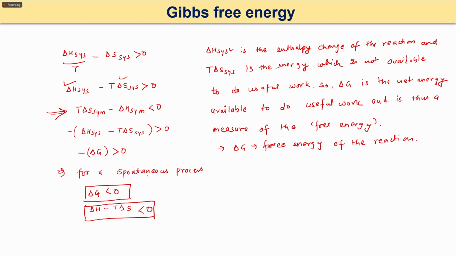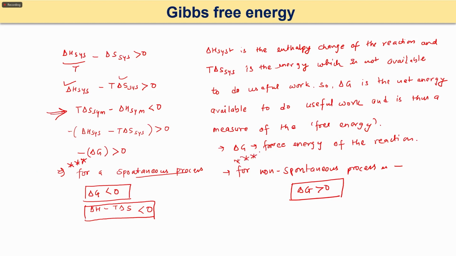If for a spontaneous process your delta G is less than 0, then for non-spontaneous processes your delta G is greater than 0. This is very important: for a spontaneous process, delta G will be less than 0, and for a non-spontaneous process, delta G will be greater than 0.